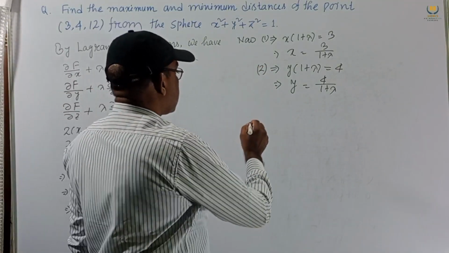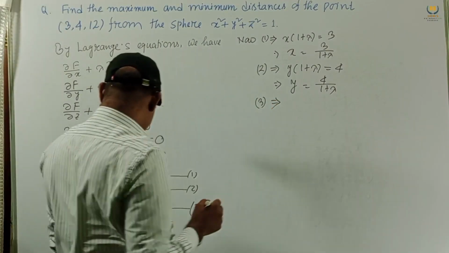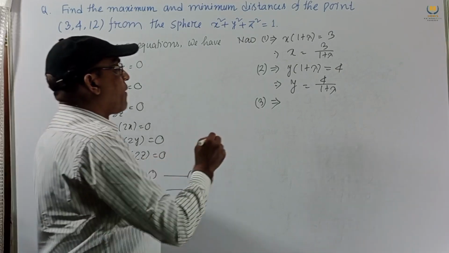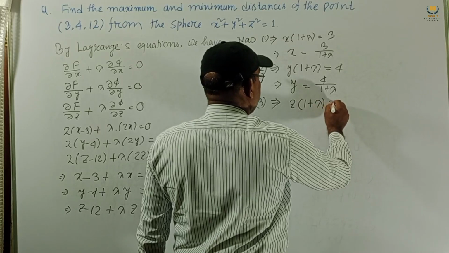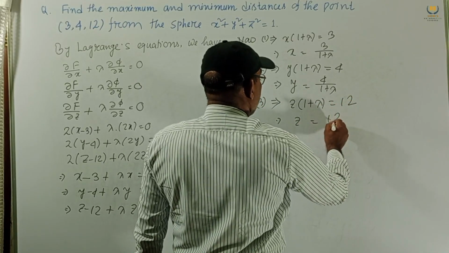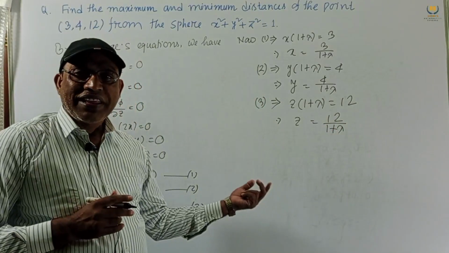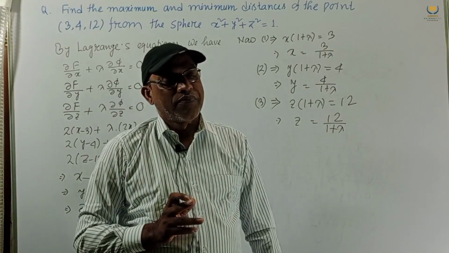Now 3: taking 12 to the right-hand side and z common, z(1 + lambda) = 12, so z = 12/(1 + lambda). We get the values of x, y, z in terms of lambda.